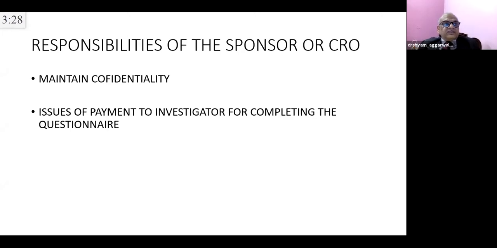Then, of course, this process of filling up the questionnaire is time consuming to some extent. And there are issues of payment to the investigator for completing the questionnaire. So I believe the sponsors particularly, if your site gets selected, do pay you for the questionnaire which you filled and the time you spend on it.